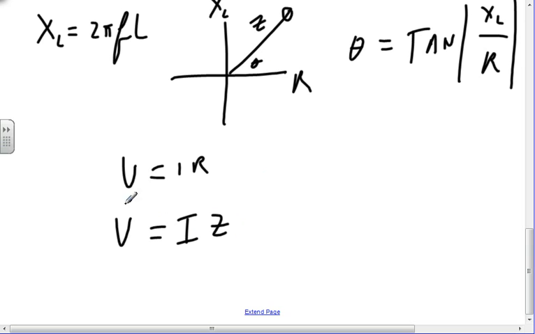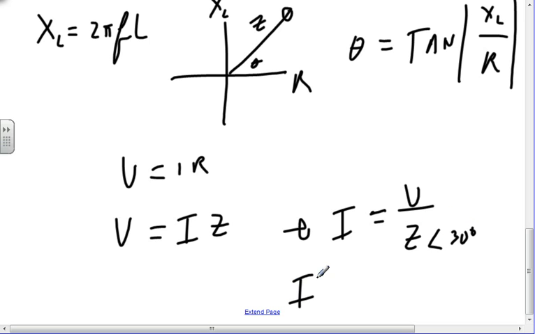Voltage probably doesn't. If it does, it's angle 0 for the source voltage. Therefore, the current will have some angle associated with it. Current is going to be voltage divided by impedance. So whatever angle is associated with impedance, let's say it's angle 30, just for the heck of it, then my current is going to be V over Z, angle minus 30.